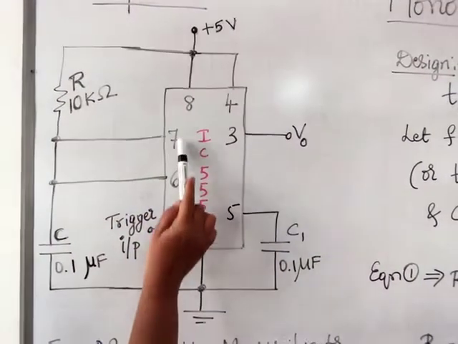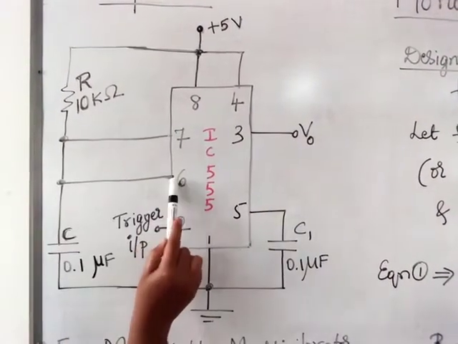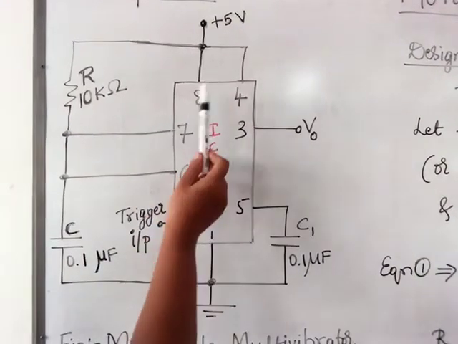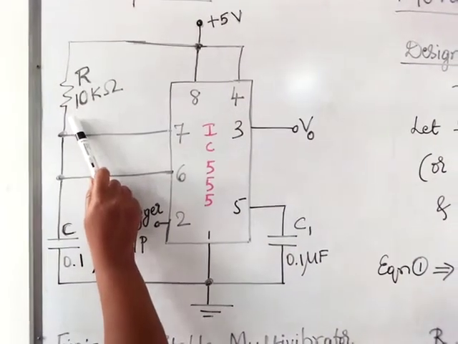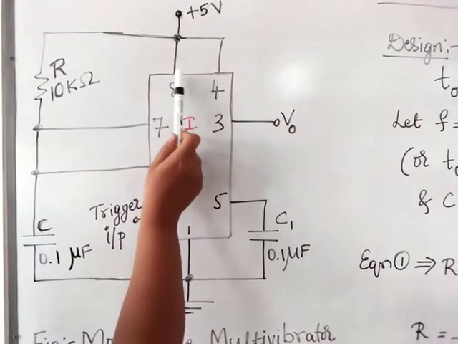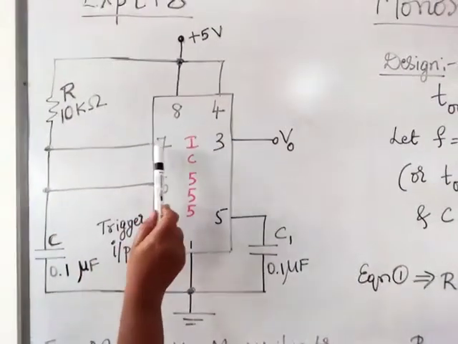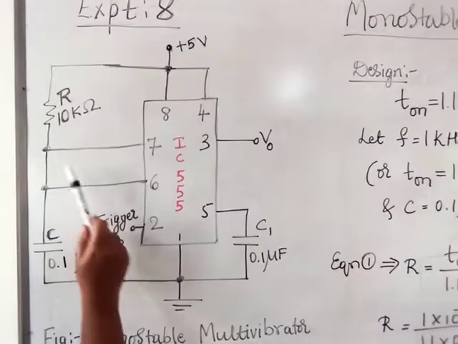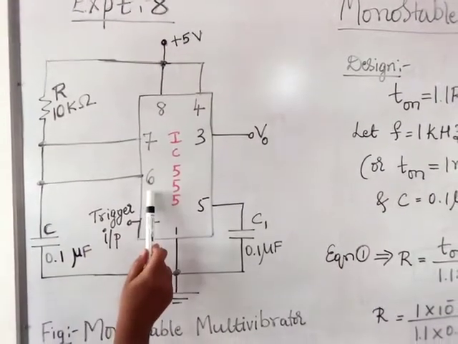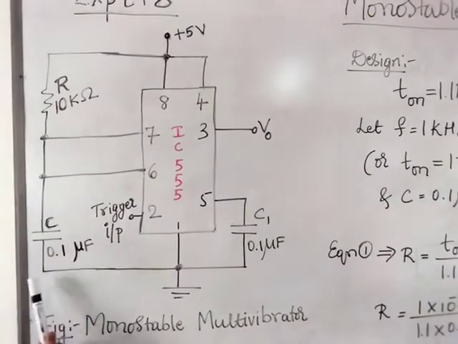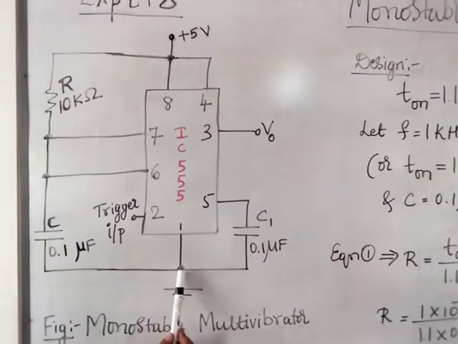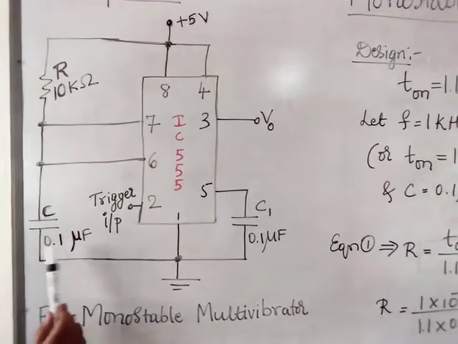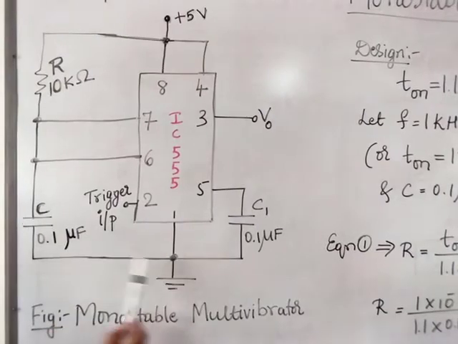Pins number 7 and 6 are directly shorted, and we are using only one resistance of 10 kilo ohm connected between pin number 8 and 7, whereas pin number 7 and 6 are directly shorted, and between pin number 6 and pin number 1 a capacitance of 0.1 microfarad is connected.